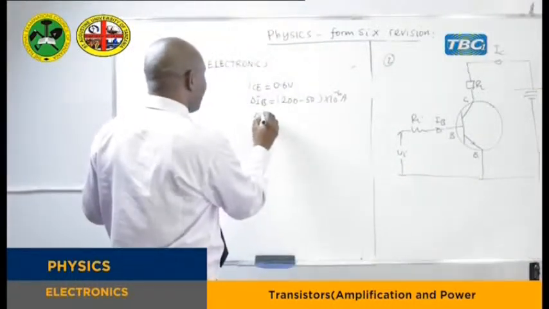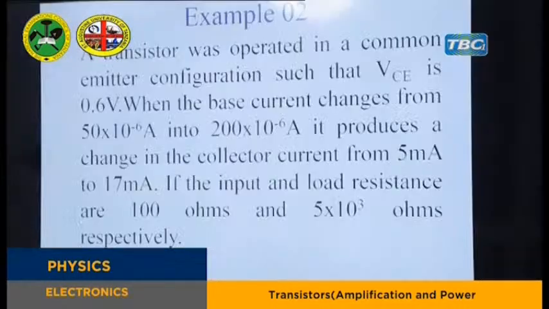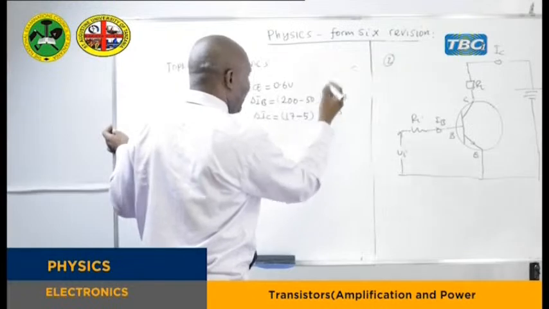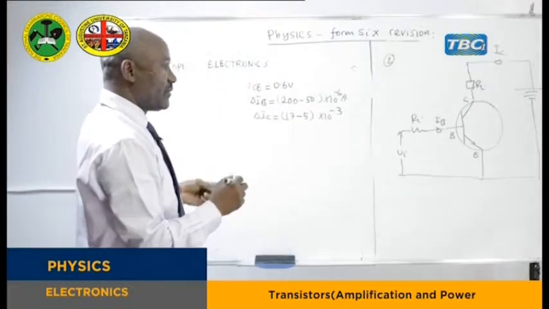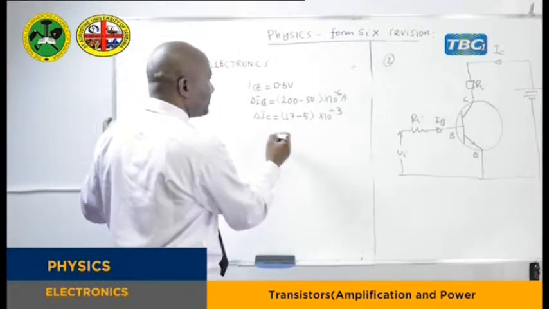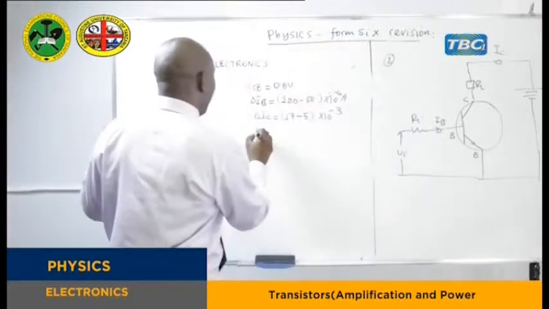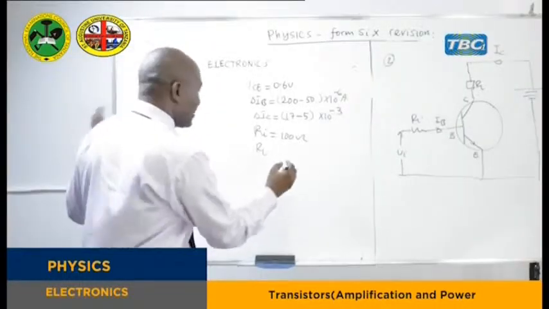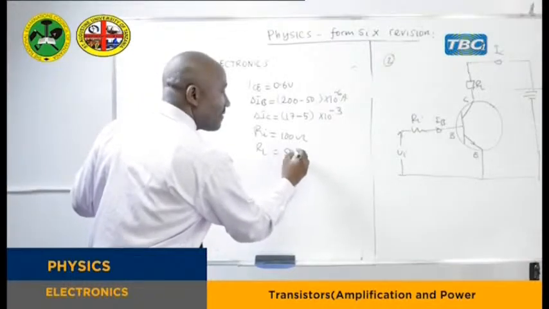The collector current changes from 5 to 17, so it's 17 minus 5 milliampere, times 10 negative 3. You're given that the input resistance Ri equals 100 ohms, and the load resistance, which sometimes we take as the output resistance, is given as 5,000 ohms.